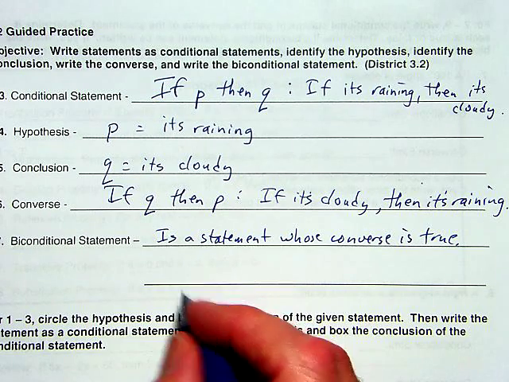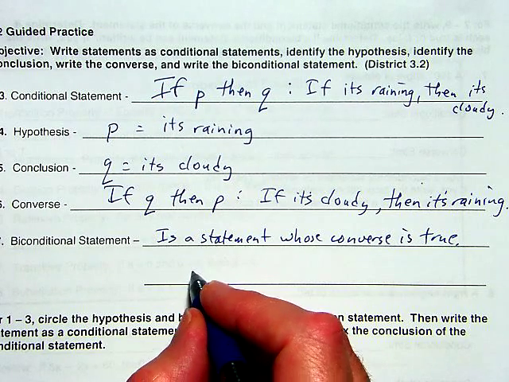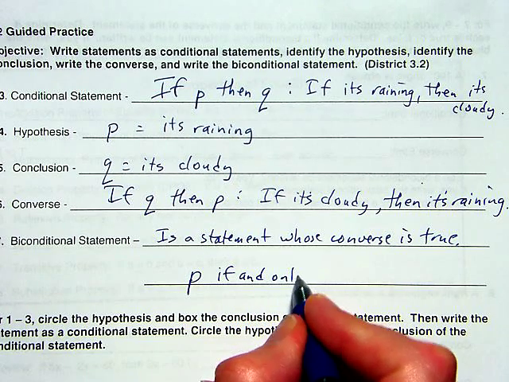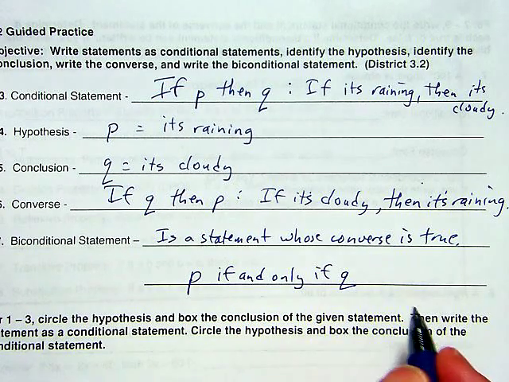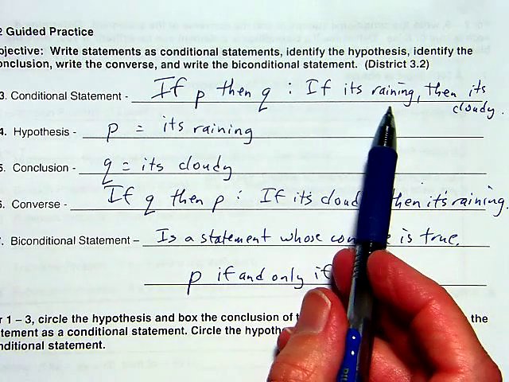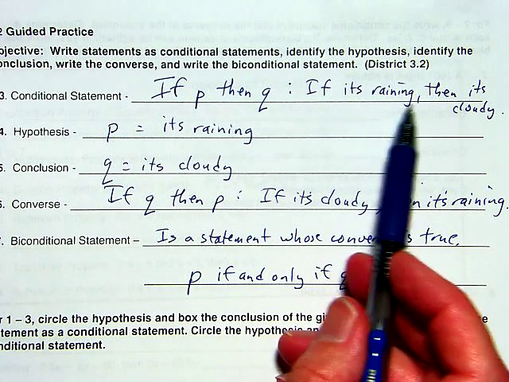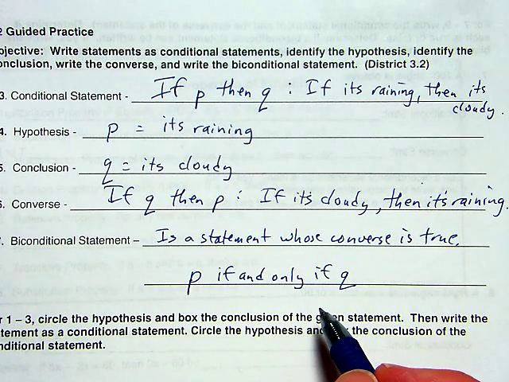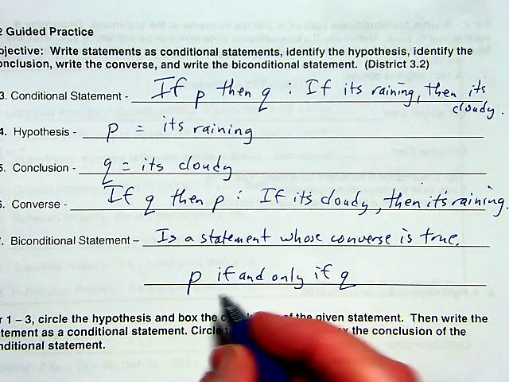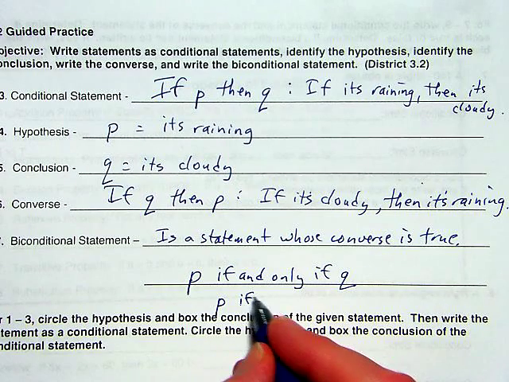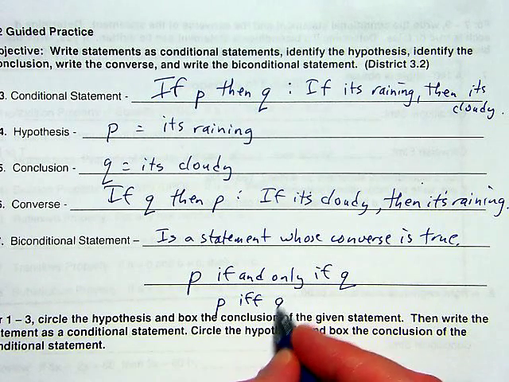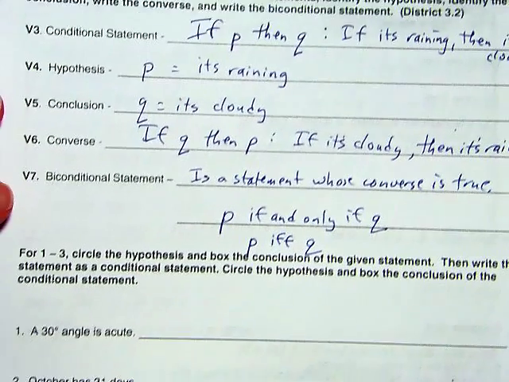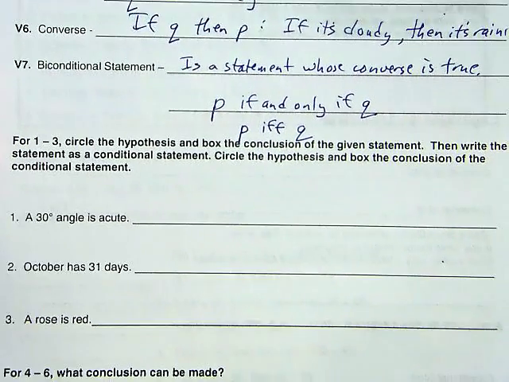A biconditional statement can be written in the form either P if and only if Q. In this case, it's not true. We can't say it's raining if and only if it's cloudy, but that would be how we would phrase it if it were a biconditional statement. And this is sometimes abbreviated with an if that has two F's in it. P-I-F-F-Q.